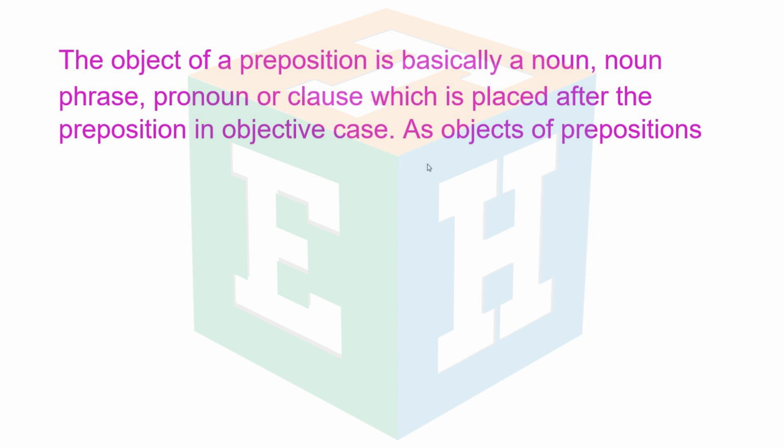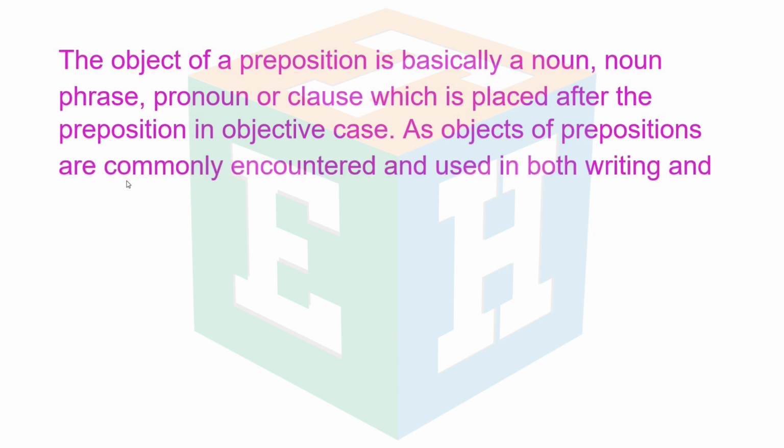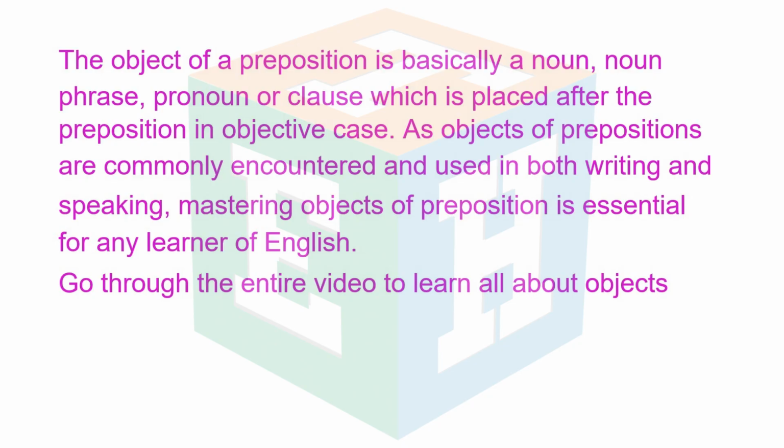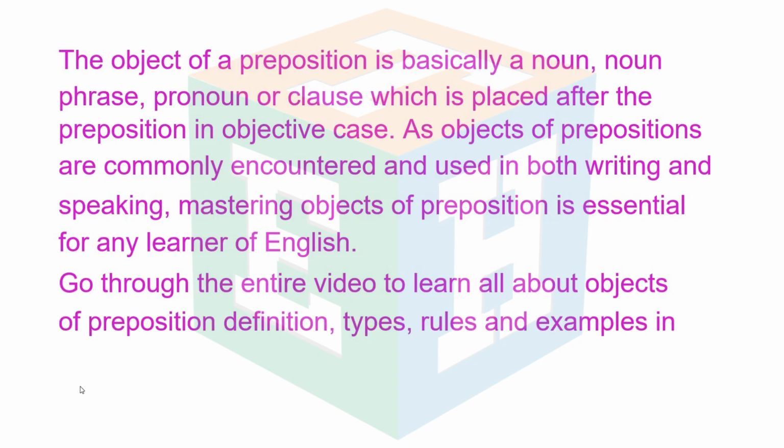As objects of prepositions are commonly encountered and used in both writing and speaking, mastering objects of preposition is essential for any learner of English. Go through the entire video to learn all about objects of preposition, definition, types, rules, and examples in simple language.